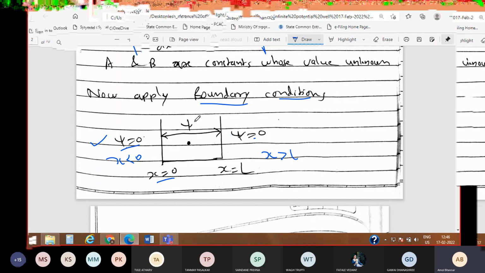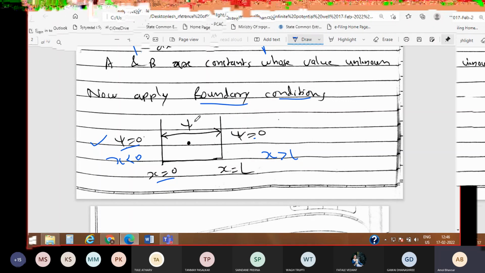Now finally, what is the eigen function we have? Psi of n is equal to A into sin of n pi x upon L. This is the eigen function. So this is the equation we have derived.